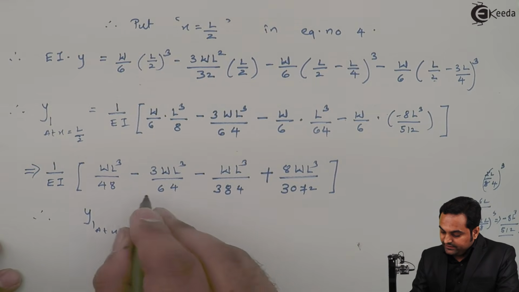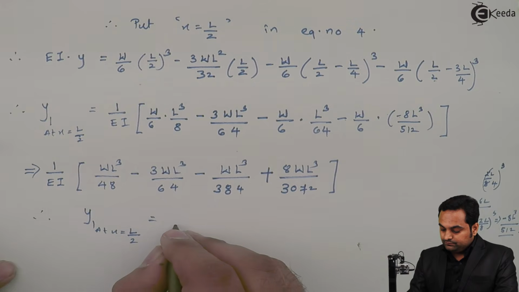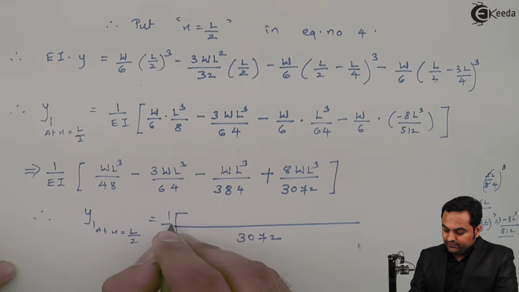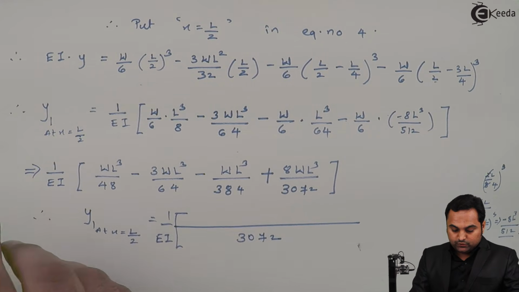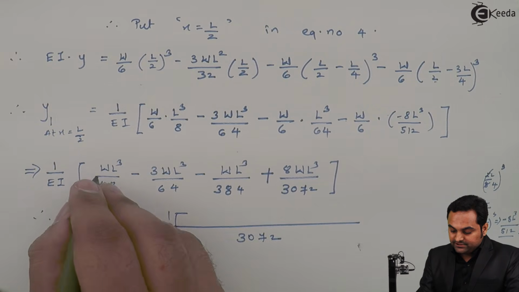I'll first take the LCM, which is 3072. Outside the bracket we have 1 upon EI. So here this 48, to make it 3072, multiply by 64.